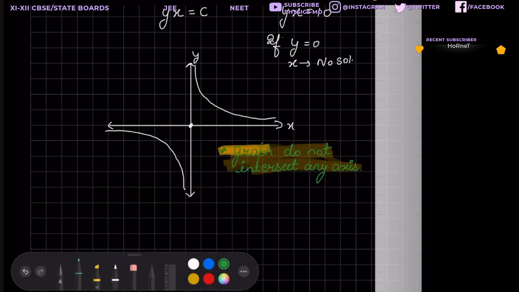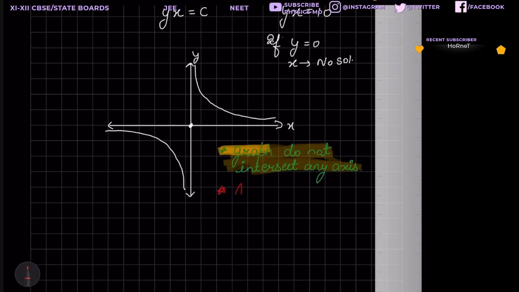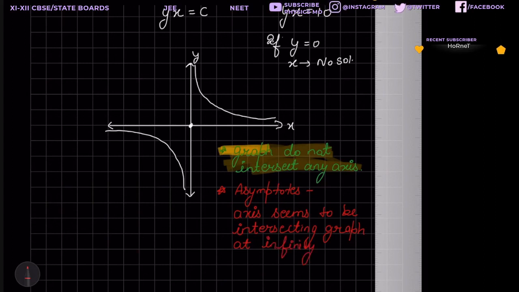The word is asymptotes, which means the axis seems to be intersecting graph at infinity. मतलब कि आपको ऐसा लगेगा कि वो इन्फिनिटी पर जाकर एक दूसरे को इंटरसेक्ट कर रहा है. हैव यू गॉट द पॉइंट? एवरीवन? Great.